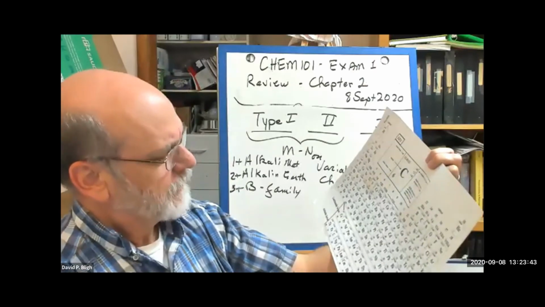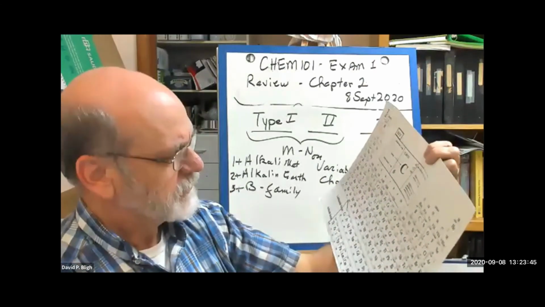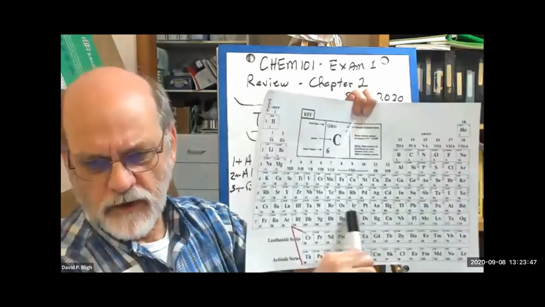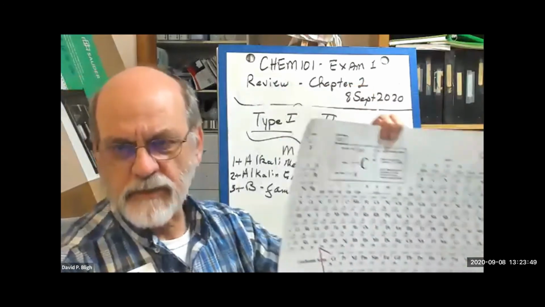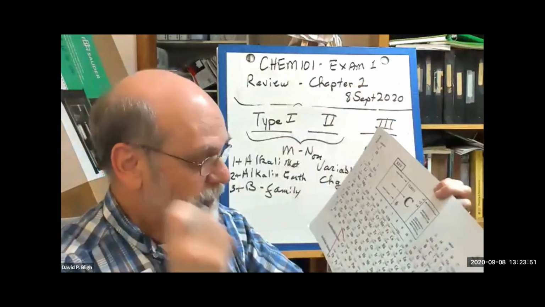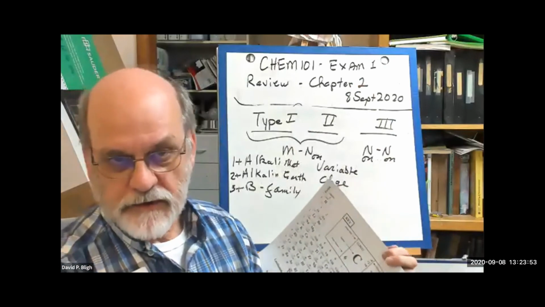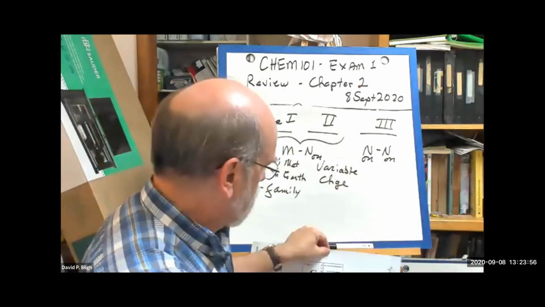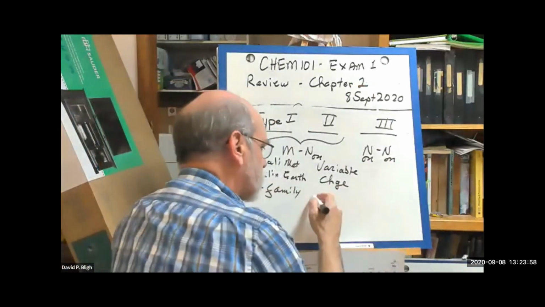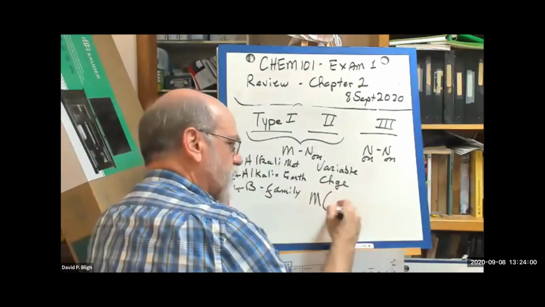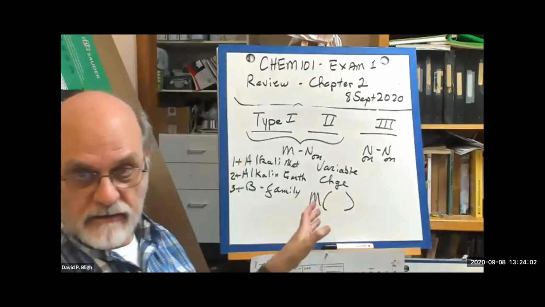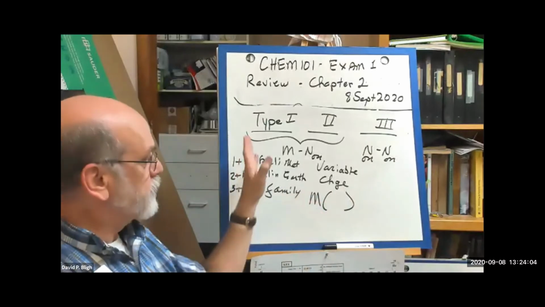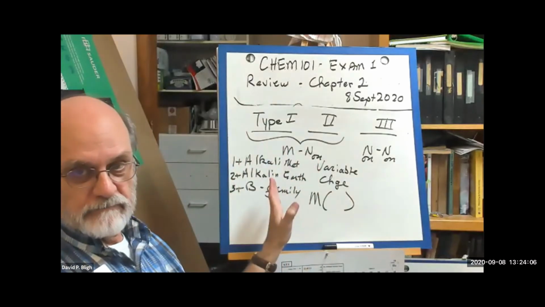Well, tellurium down here could be +3 or +1. So when you get to tellurium, you have to say what charge it is. And that's the key. When you say the metal, whatever the metal is, then you have to put the charge in parentheses. Okay, that's the difference between type 1 and type 2.